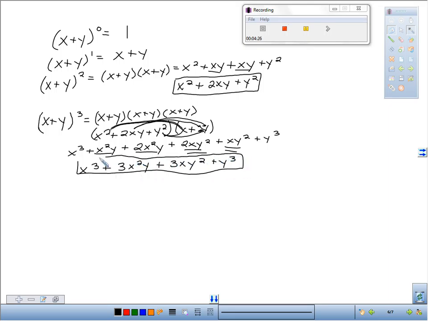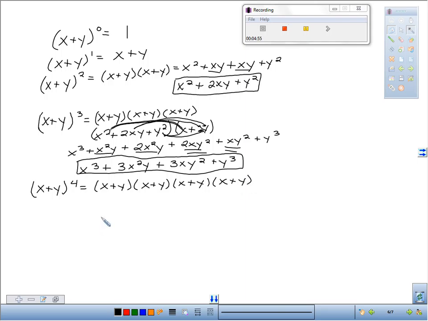Any questions over that? But we can keep going and get x plus y to the 4th. Keep writing, x plus y times x plus y times x plus y times x plus y.